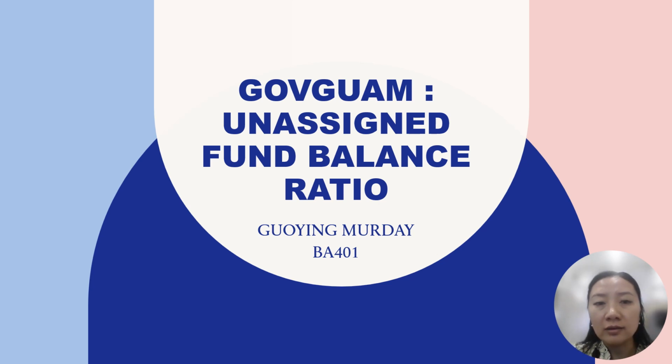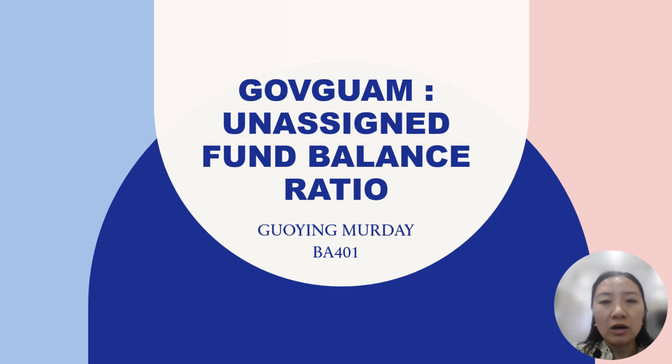The unassigned fund balance ratio is the percentage of the total general fund that is unassigned. For everyday people, this is a quick way to see what percentage of the government's revenue is available for things such as more projects and services or unseen emergencies.